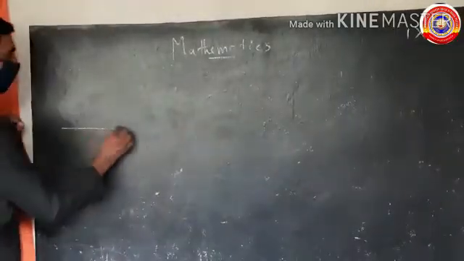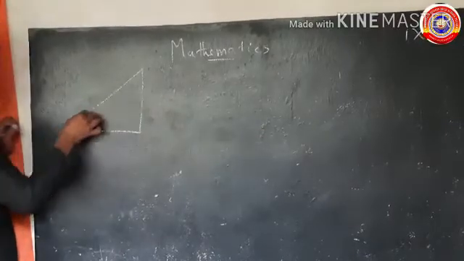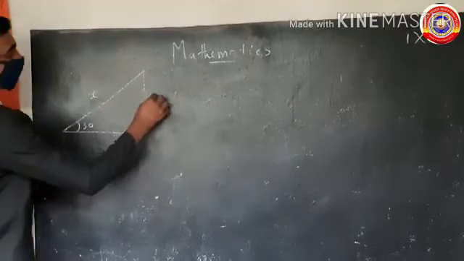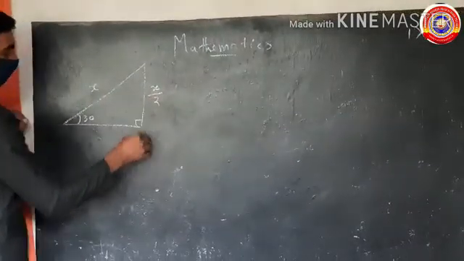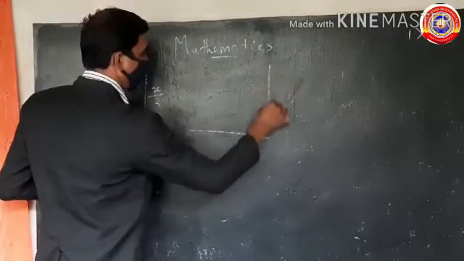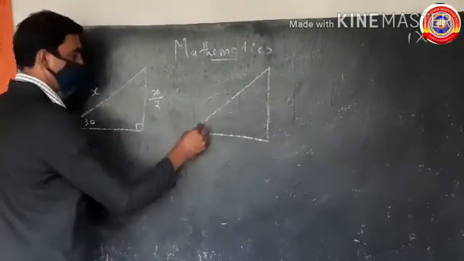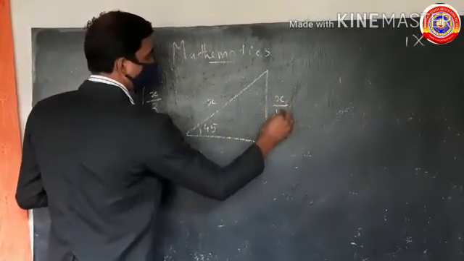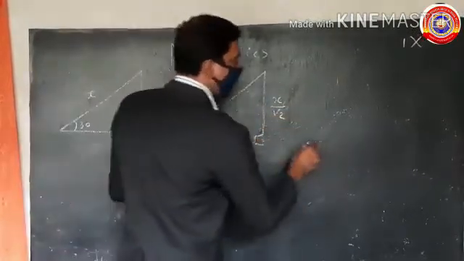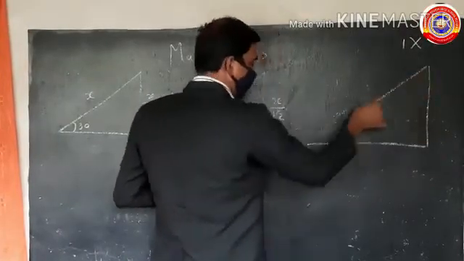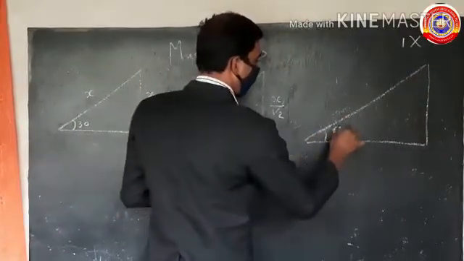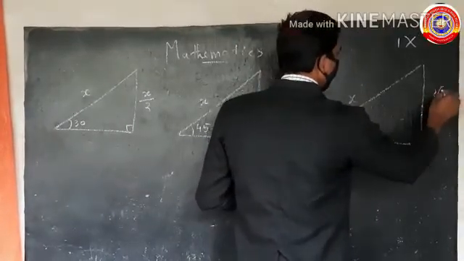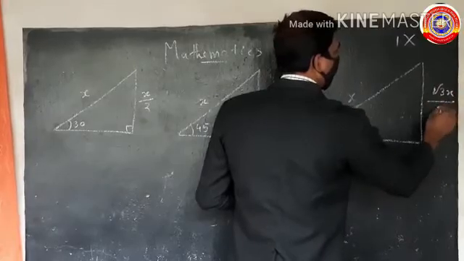In the first triangle, angle 30 degree and hypotenuse x, the perpendicular side is x by 2. In the second triangle, angle 45 degree and hypotenuse x, the perpendicular is x by root 2. In the third triangle, angle 60 degree and hypotenuse x, the perpendicular is root 3 x by 2.